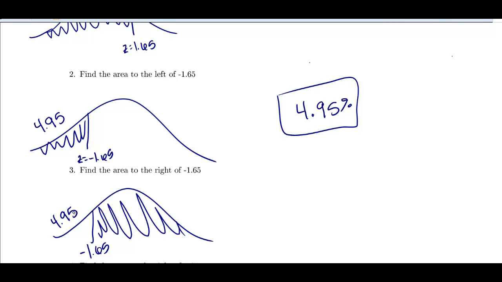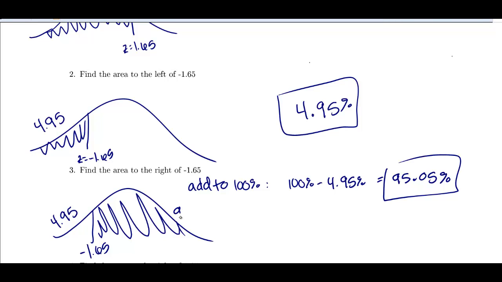I wanted the area to the right. So I can use symmetry, and the fact that it adds up to 100%, to say 100% minus 4.95% gives me 95.05%. So the area to the right is 95.05%.